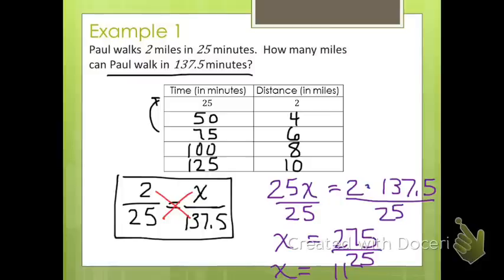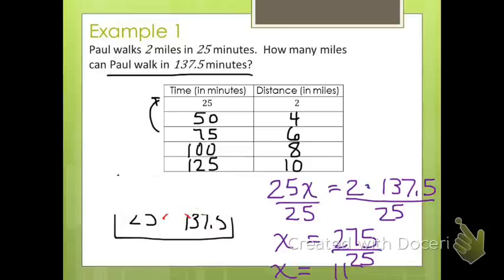Okay, so that answer makes good sense because I already have my results for 125 minutes to go 10 miles.